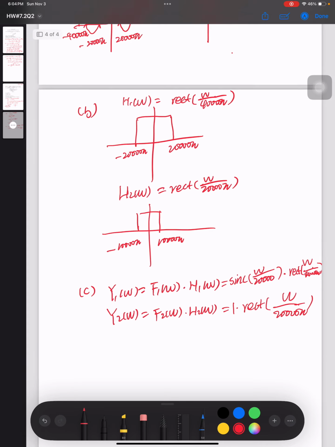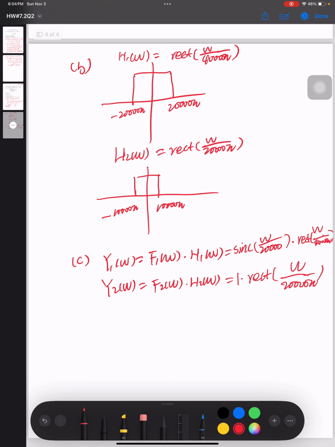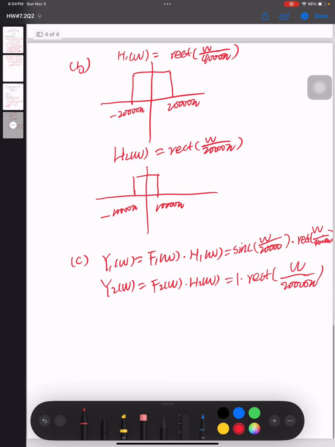So this is the second one. We can see actually this is kind of like a filter function. It's a sinc function, and they use the rectangular function to filter this one.